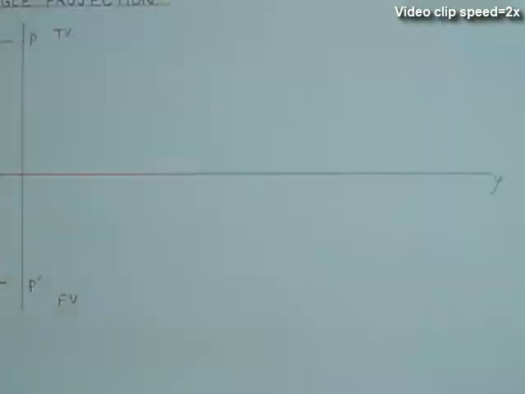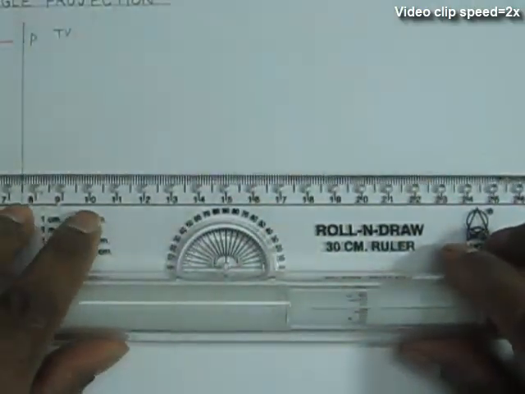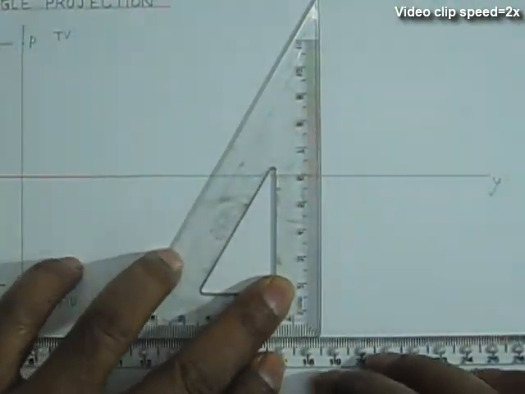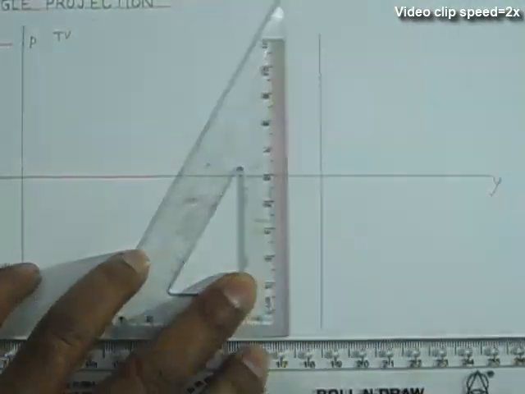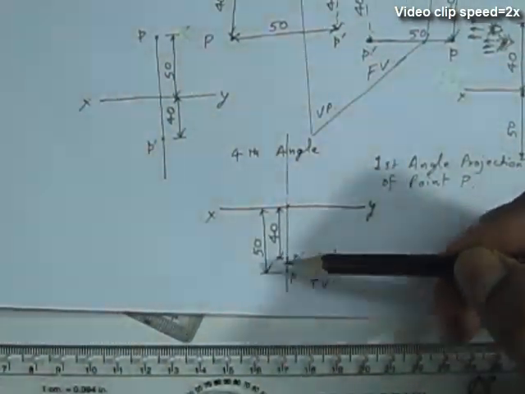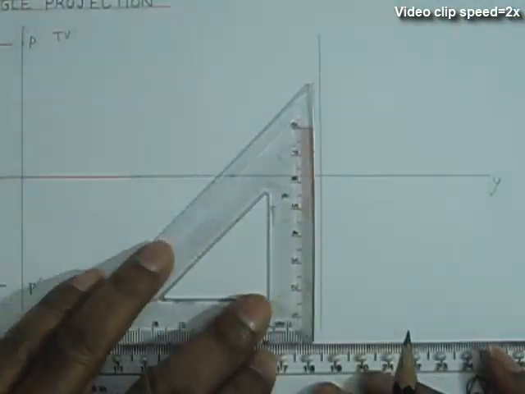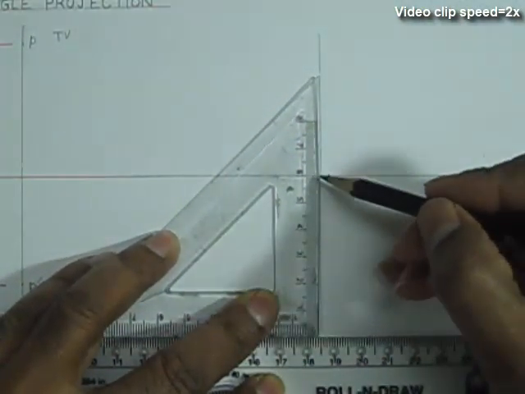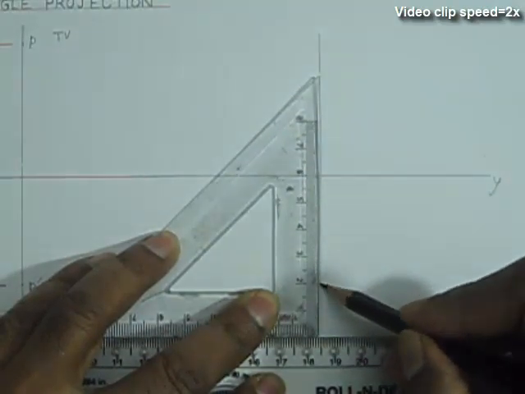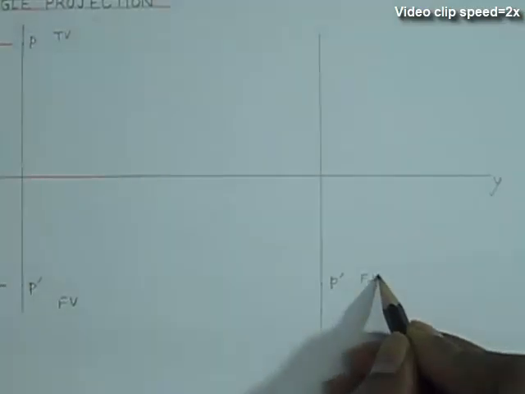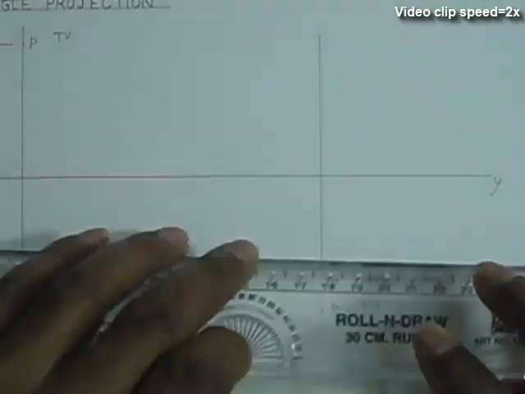So now let's see how we can draw it on a drawing sheet. So first the reference line and then we draw a line normal to the reference line. And both the front view and the top view will come below the reference line as shown here. So this is the front view and this is the top view.